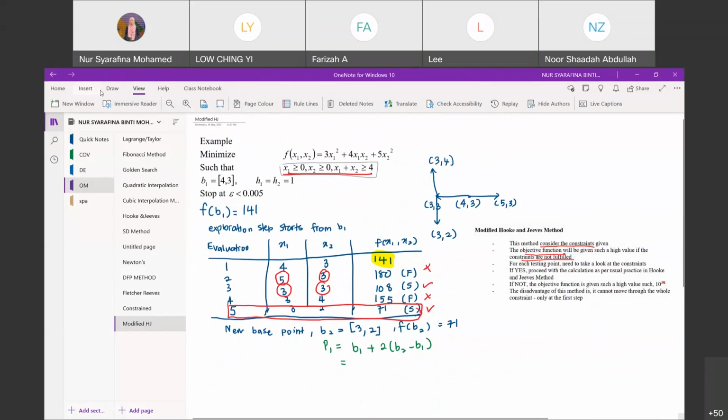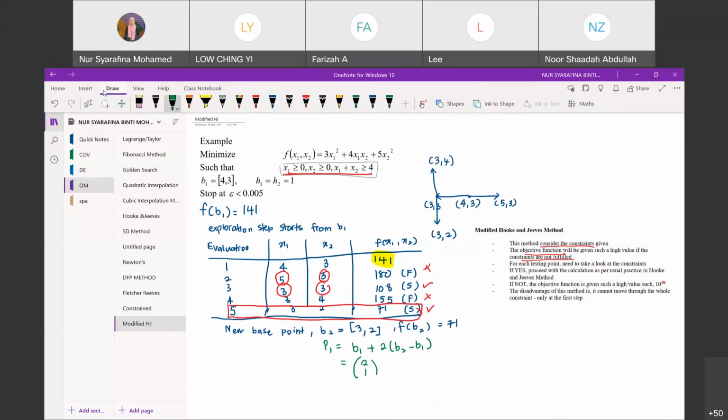Okay, so now you got your P1, which is 2, 1. So you have to check whether that P1 fulfills the problem or not. So what is FP1? 25.